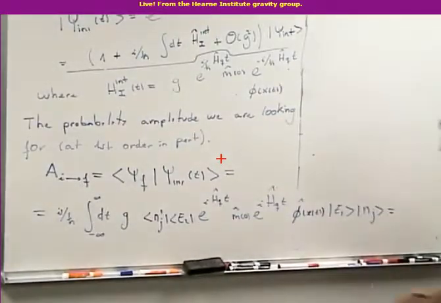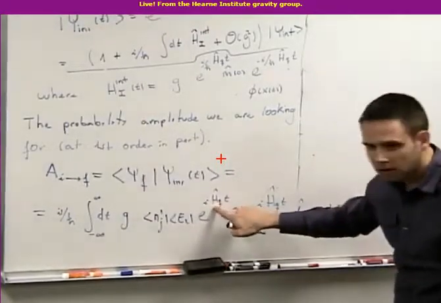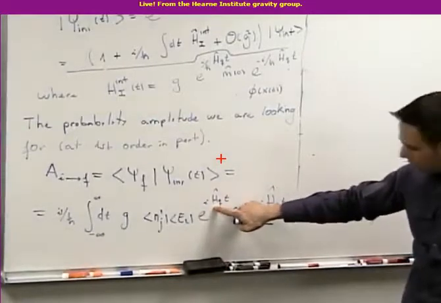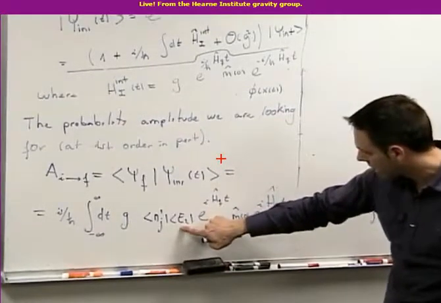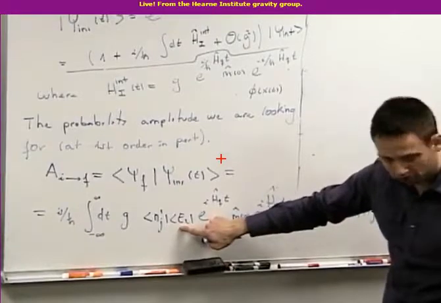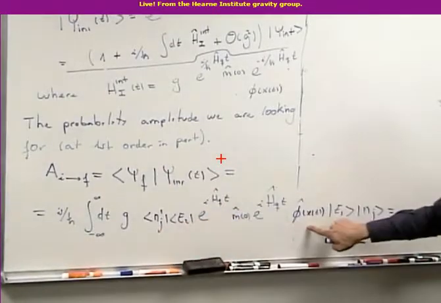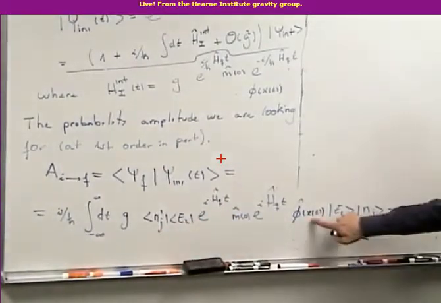So this is an operator for the detector, so it only will hit a state for the detector. This is a state for the field. We only hit the state for the field with the operator for the field.